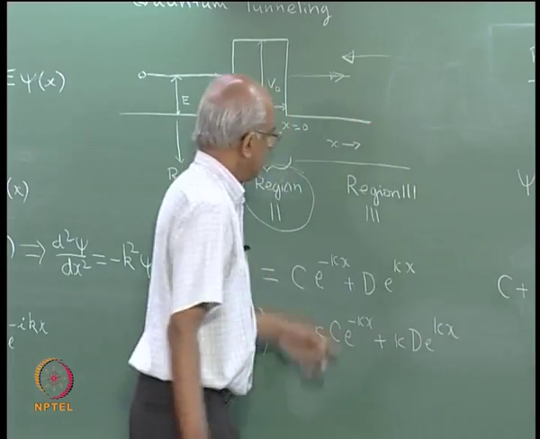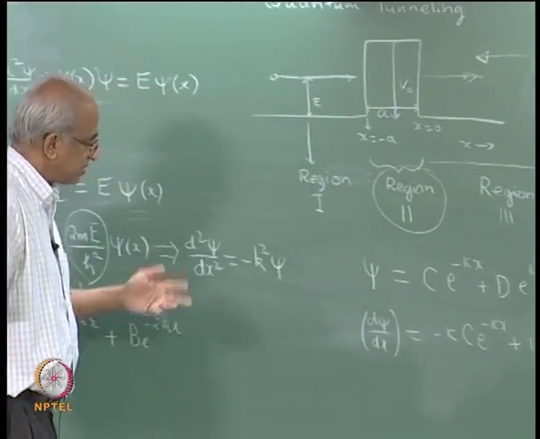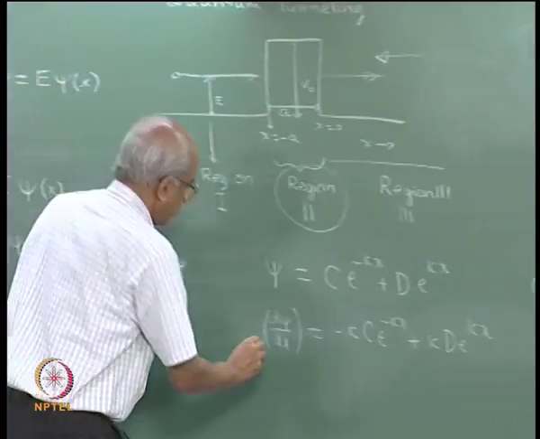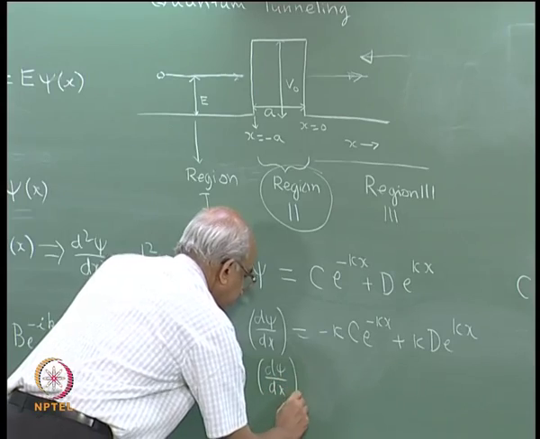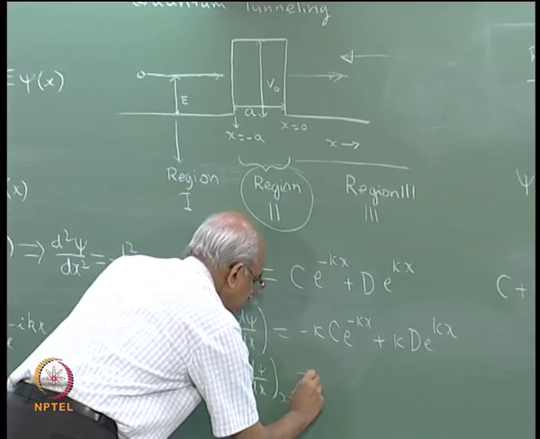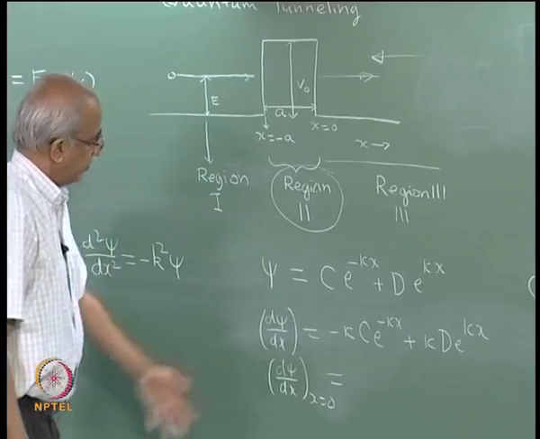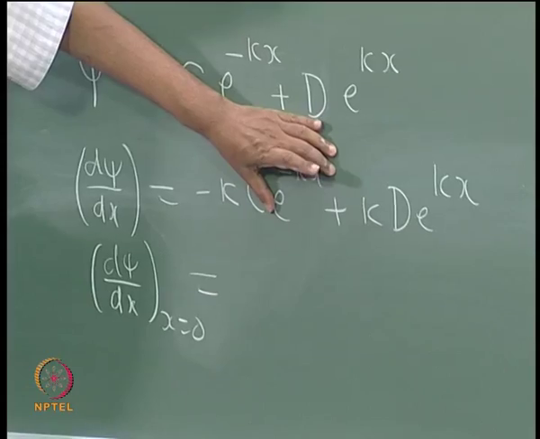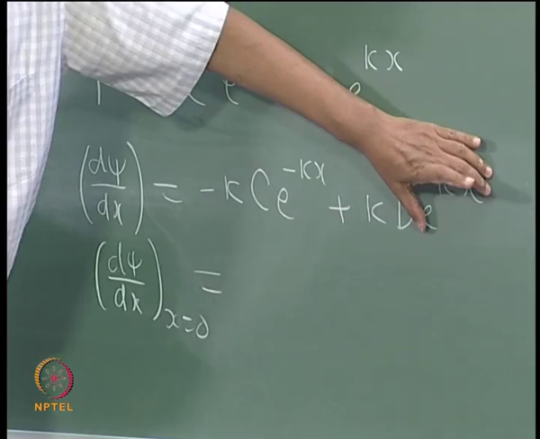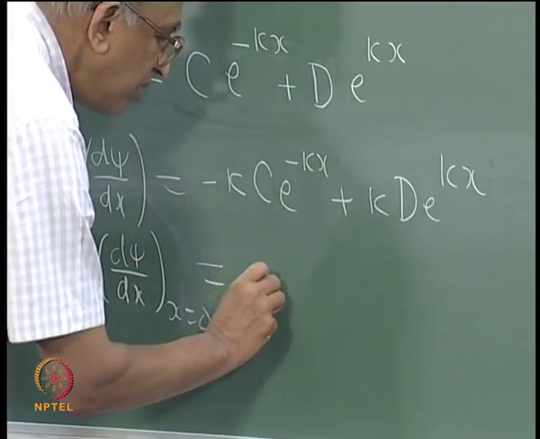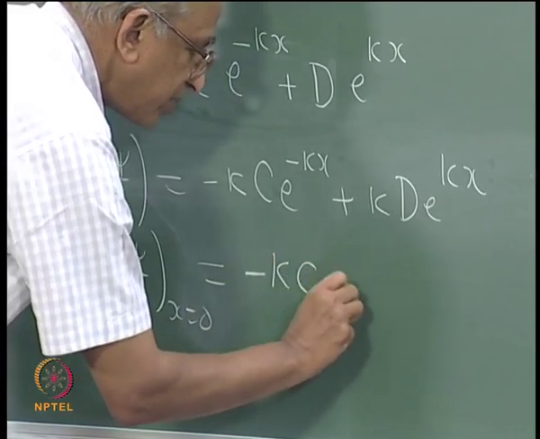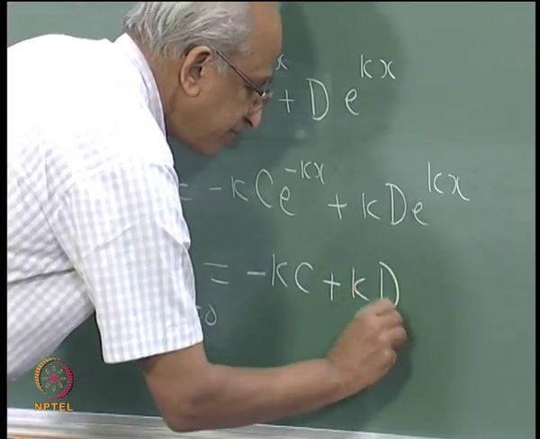This is the derivative of that function, but specifically I want to evaluate d psi by dx at x equal to 0. If you put x equal to 0, the exponentials turn out to be unity, and therefore you get the result as minus kappa into c plus kappa into d.